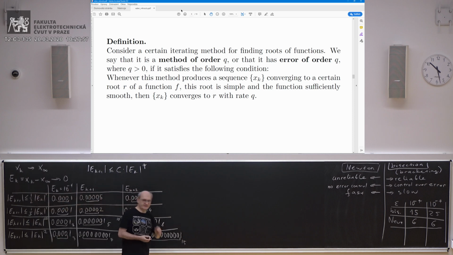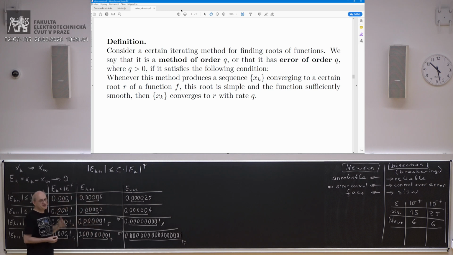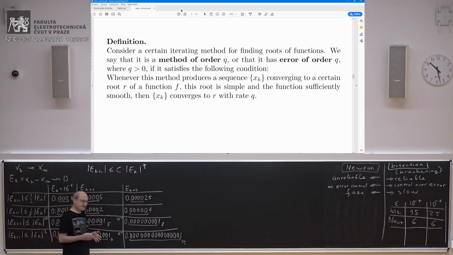However, there are some little problems that we have to handle, and they make this definition a little bit, let's say, less transparent or less nice than we would want it to be as mathematicians. The first problem is roots of higher multiplicity. They are really troublesome. We saw it, and we will see it repeatedly.